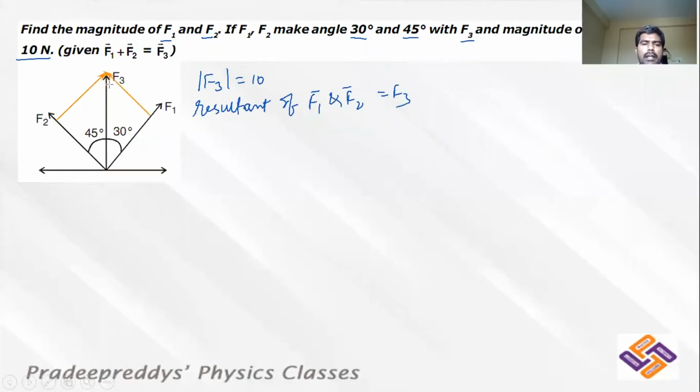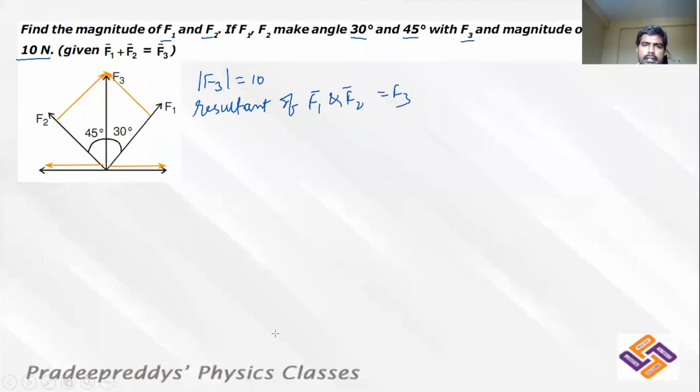And this becomes the diagonal of that parallelogram. So whenever the resultant F3 is the sum of two vectors F1 and F2, you can understand that the components of F1 and F2 perpendicular to F3 will definitely be equal in magnitude. That is the hint we will be using in this problem.